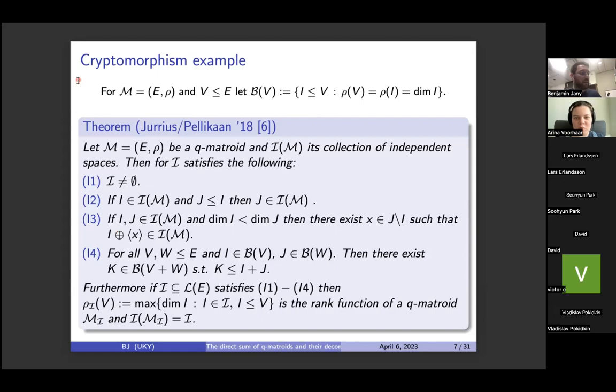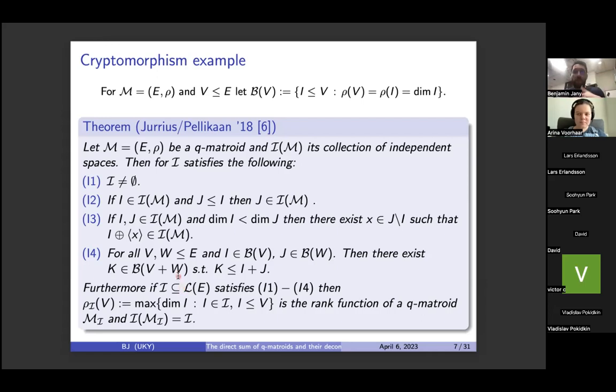What is a cryptomorphism? A cryptomorphism is just an equivalent way to define a q-matroid. For example, in our original definition a few slides ago, I used a rank function on the collection of subspaces, right? But one could define, for example, a q-matroid via this collection of independent spaces, where I don't necessarily need to use this rank function, right?